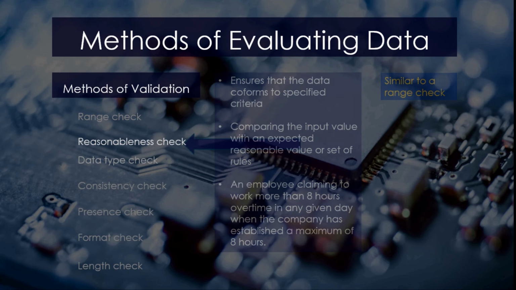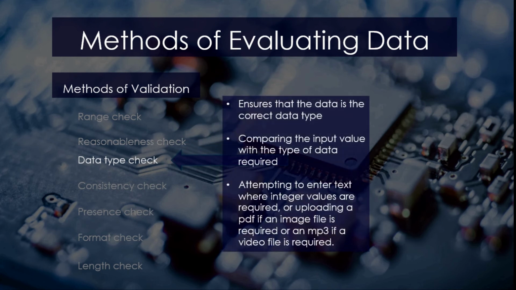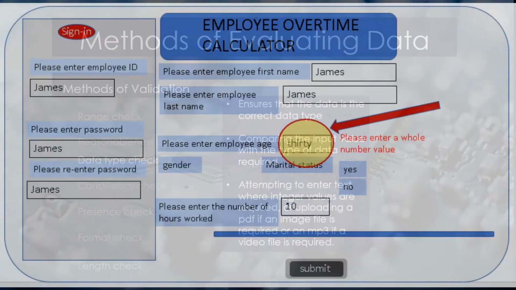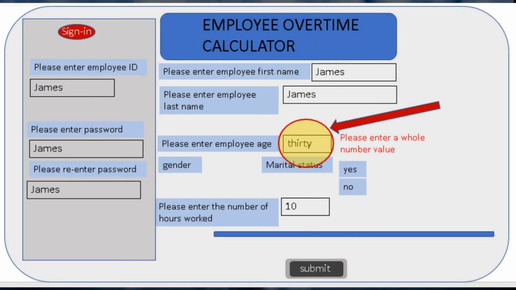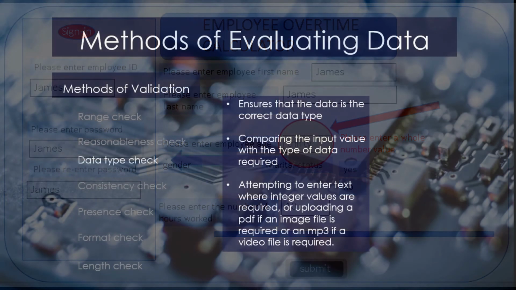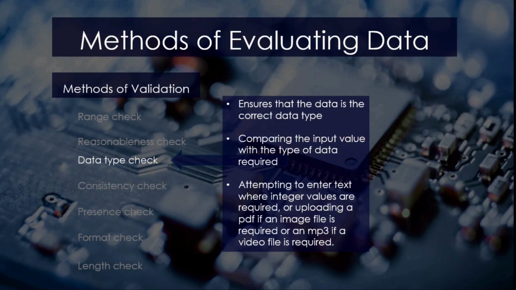The data type check ensures that the data is the correct data type. The system compares the input value with the type of data required. An example will be attempting to enter text where integer values are required, or uploading a PDF if an image file is required, or an MP3 if a video file is required.